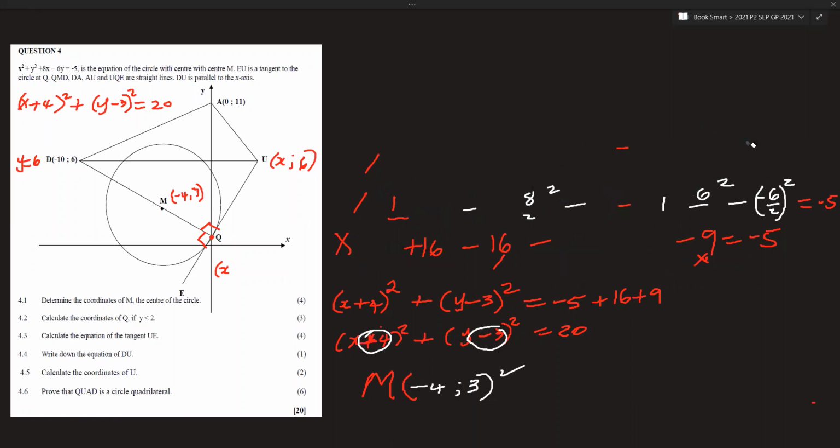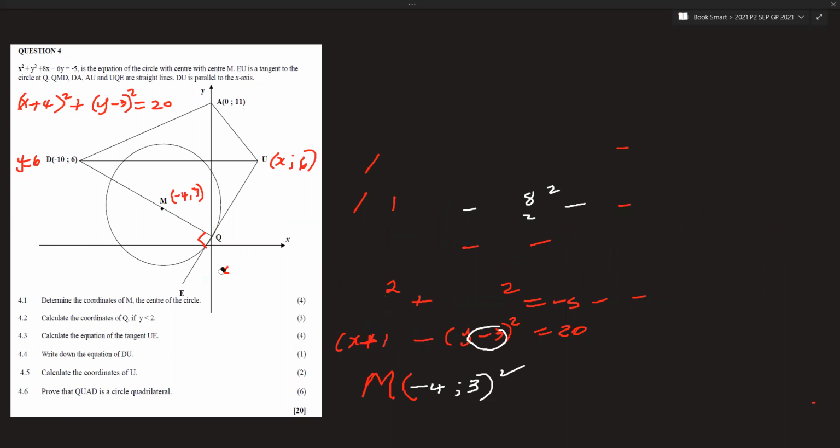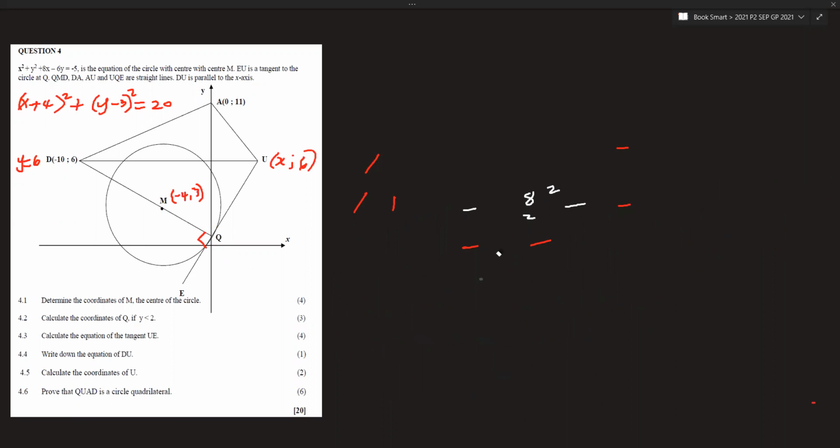Let me use the mouse, it should be faster. Awesome. So now we can move on to the next question.